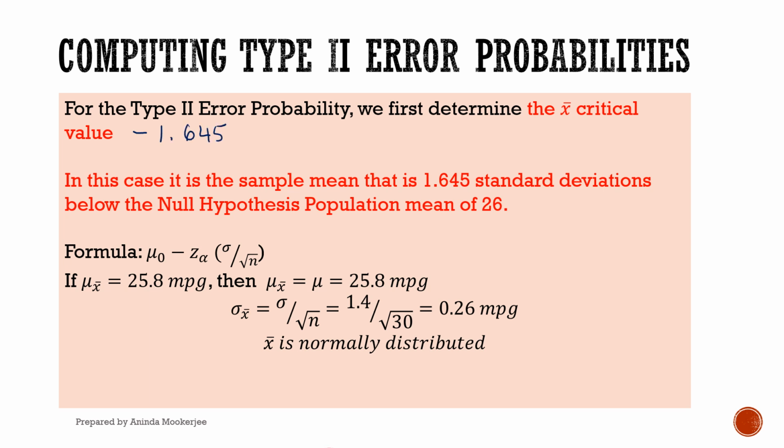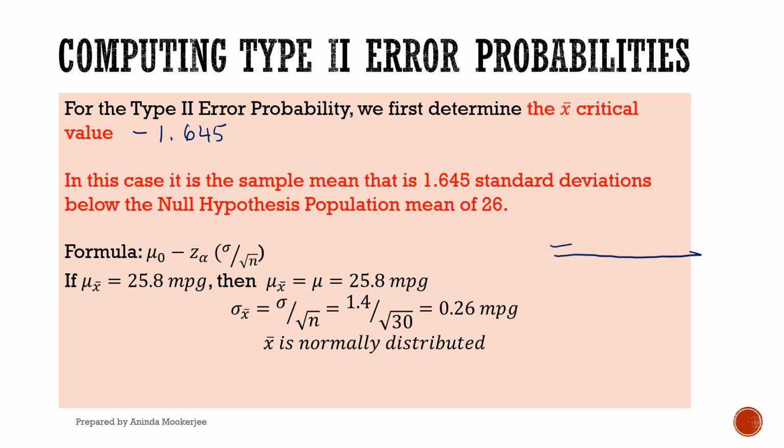If it's a different problem with a different alpha, a different significance level, we will end up with a different Z value depending on which side our alpha reject region would be. Now in this case, it is the sample mean that is 1.645 standard deviations below the null hypothesis population mean of 26.